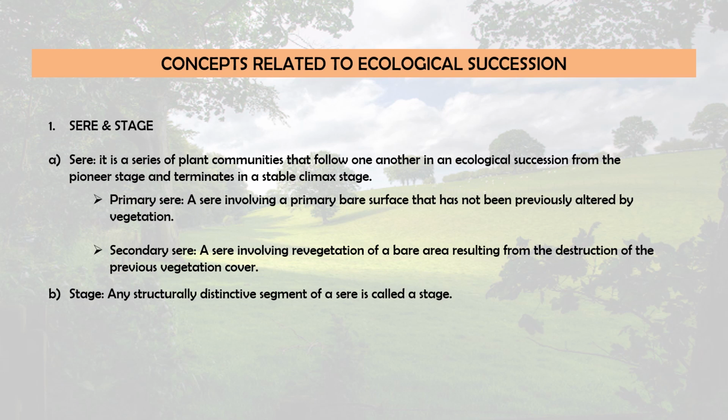Sere means a series of communities that may be plant or animal or microbial communities that follow one another in an ecological succession, from the pioneer stage, and terminates in a stable climax stage. So, this sere can be of two types, primary or secondary sere.